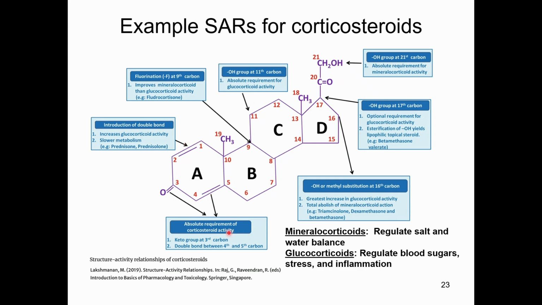Here are some things that regulate corticosteroid activity. You can see all sorts of things in here. This is an interesting one. If this is esterified right here, it makes a lipophilic molecule that's good for topical corticoids.